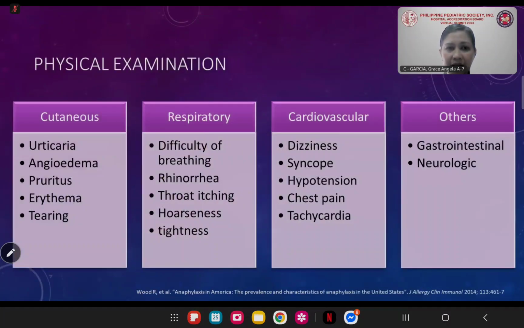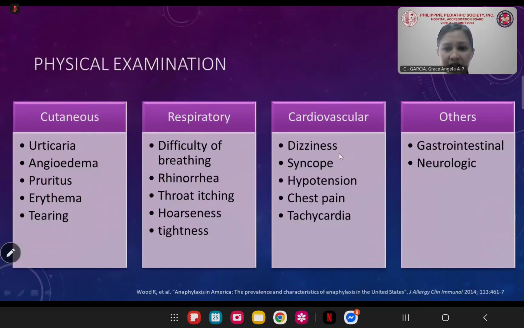For the physical examination, these would be the cutaneous: urticaria, angioedema, pruritus, erythema, or eye tearing. For the respiratory, you may have difficulty of breathing, rhinorrhea, throat itching. So these are impending edema on the airways, throat itching, or feeling of tightness.